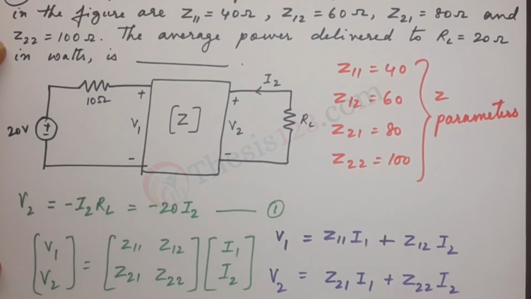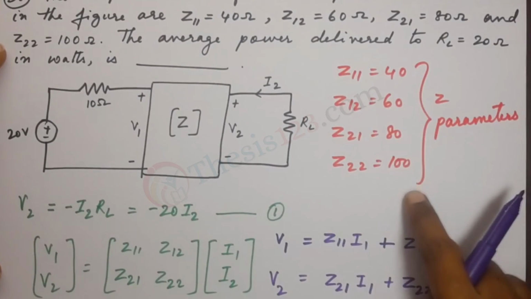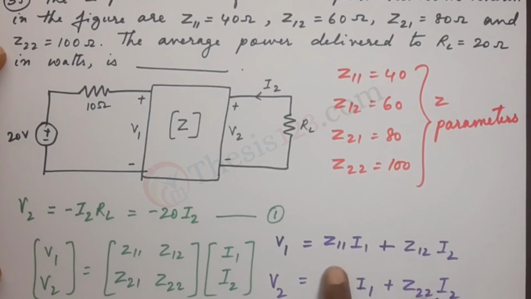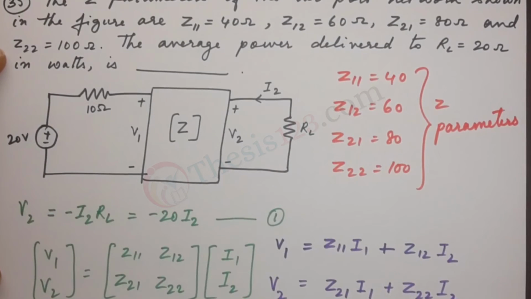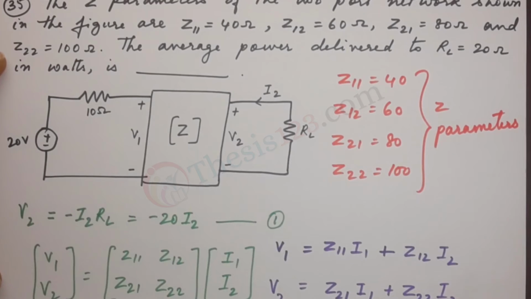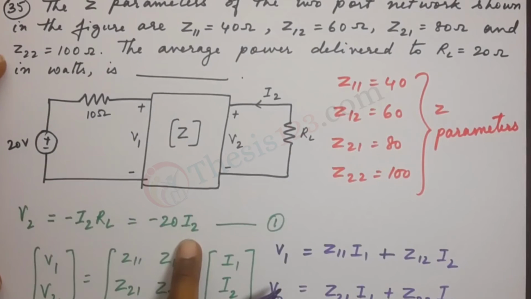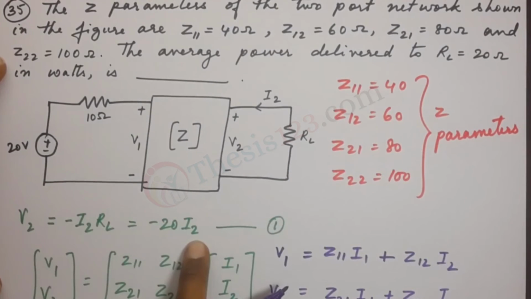So these are our two equations. Now we have the values of the Z parameters given to us. Let's substitute those, and we also have V2 in terms of I2, minus 20 I2.